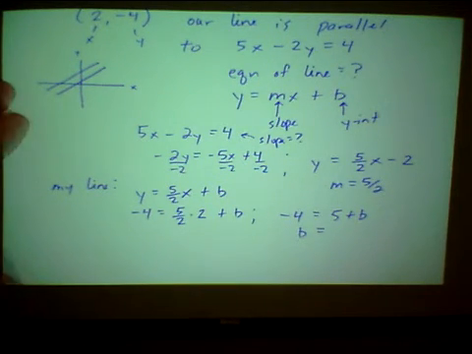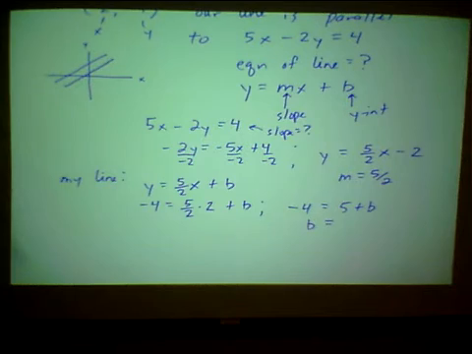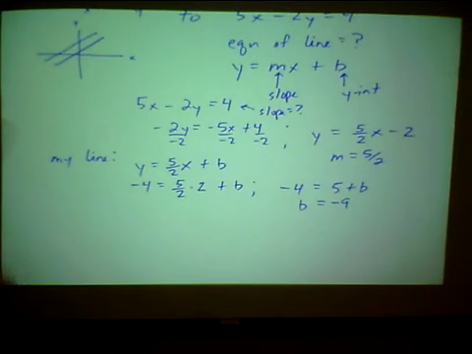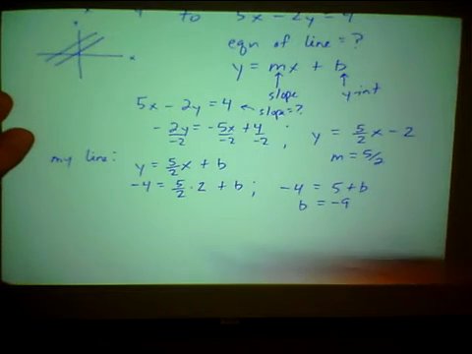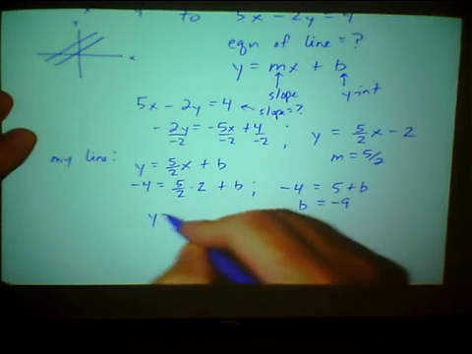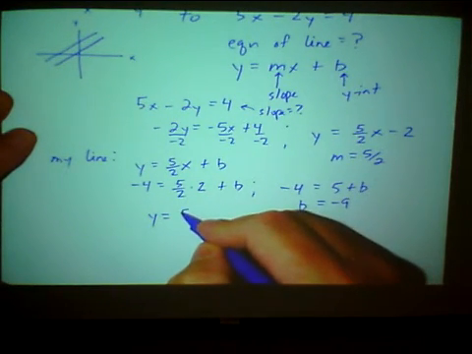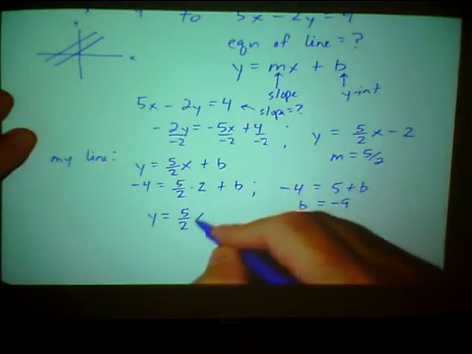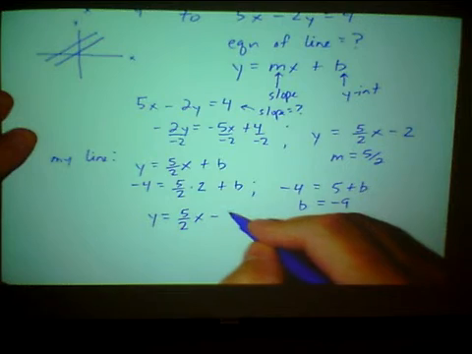I end up with b equals -9. So now I have the equation of my line in slope-intercept form: y equals 5/2 x minus 9.